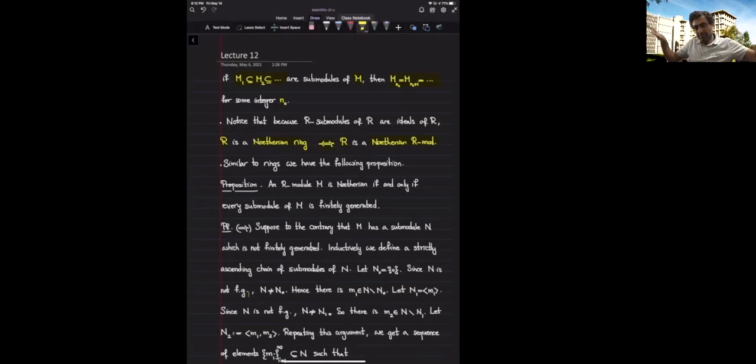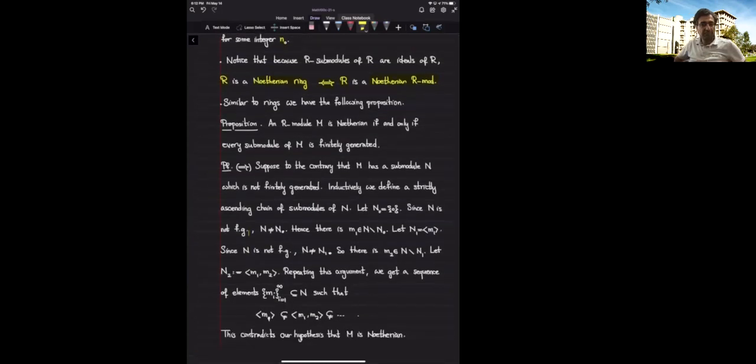For both of these types of objects, we have the concept of being Noetherian. For a ring, being Noetherian means that every ascending chain of ideals should stop at some point. For modules, being Noetherian means that every chain of submodules should stop. But the key point is that submodules of a ring are precisely ideals of that ring. So being a Noetherian ring is equivalent to saying that it's a Noetherian R module. These are equivalent phenomena.